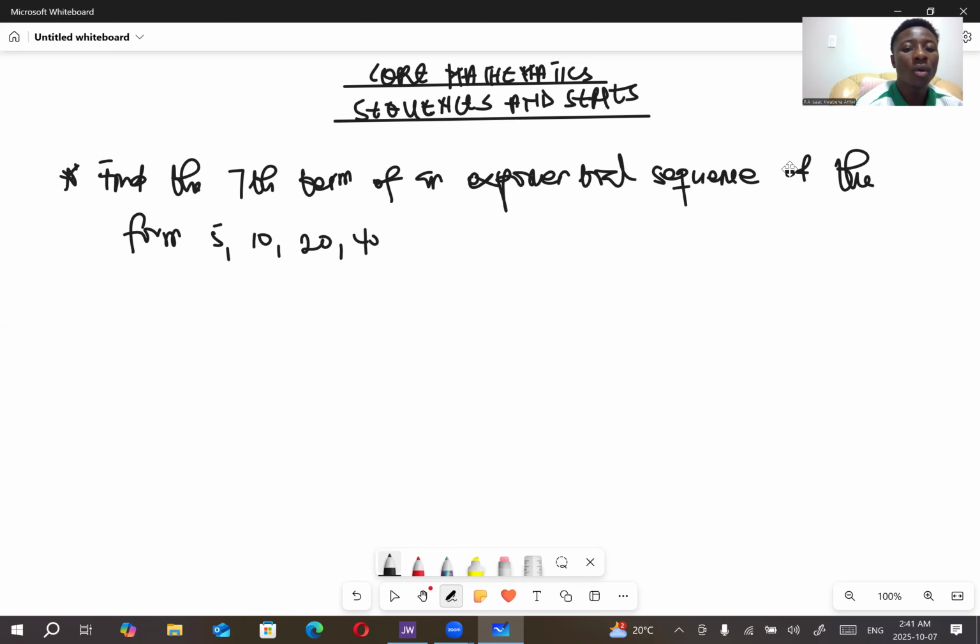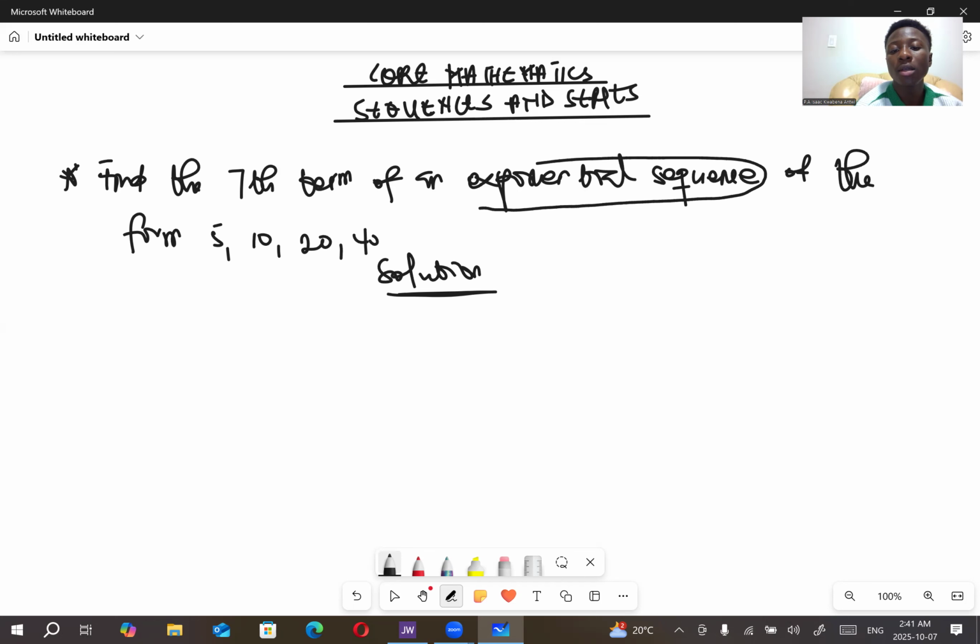So now the solution. Based on what we discussed the other time, assuming it wasn't stated in the question, and they said find the seventh term, you have to ask yourself, is it an AP or a GP?